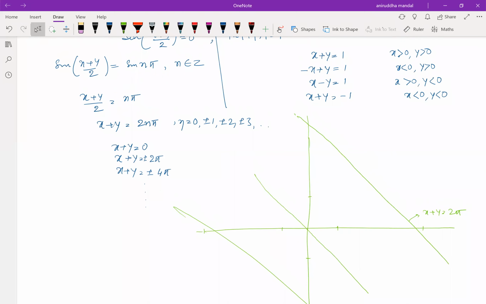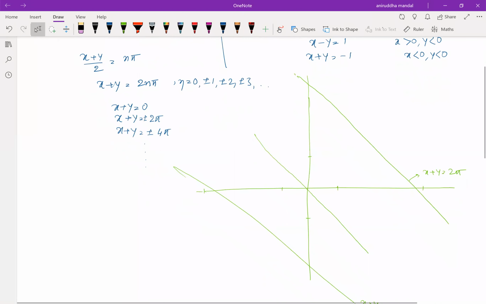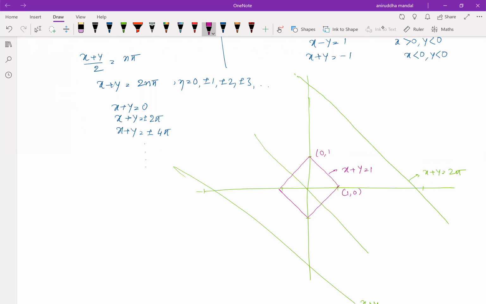Now the second equation: if we plot x + y equal to 1, then if we plot all these equations, we have a square. So this is (1, 0), this is (0, 1), this is (-1, 0), and (0, -1).